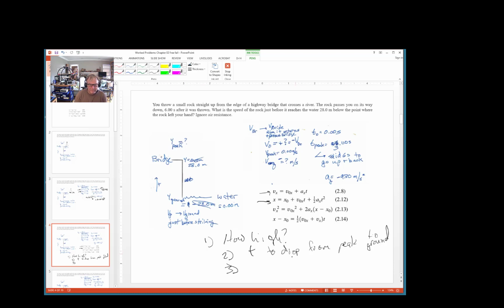But if I go from t from the peak to the ground, then I can use t to get the velocity at the bottom. Because then I would use equation 2.8. So this is equation 2.12.